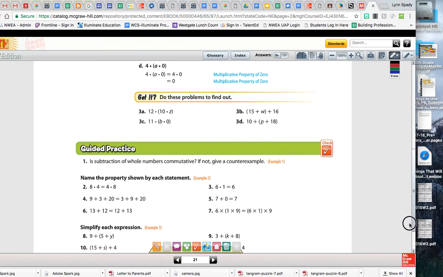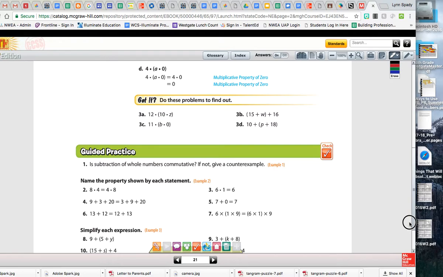So for the got it problems, 3A, B, C, and D, all of these numbers are being multiplied. So we can simplify that by combining the 12 and the 10 together. Remember, the associative property means that we can group things differently, and we can take 12 times 10 to make 120, and then 120 times z could be written as 120z.